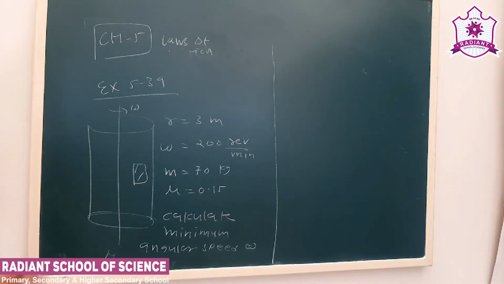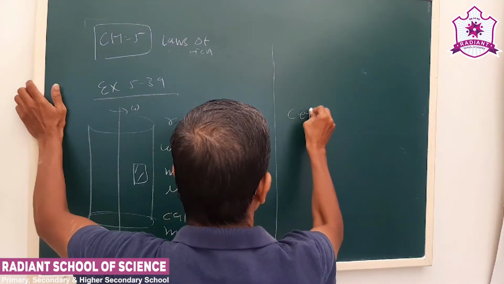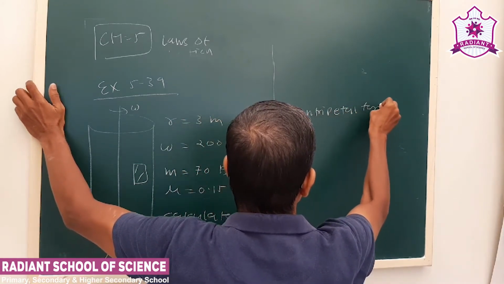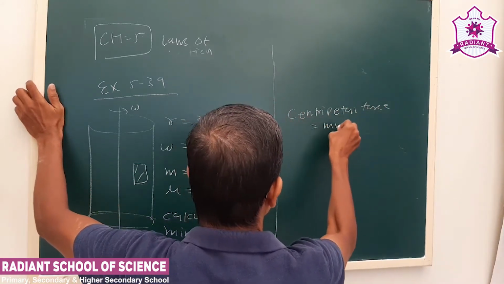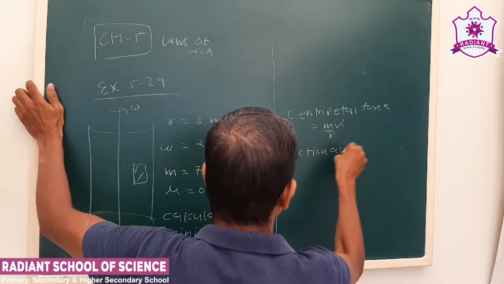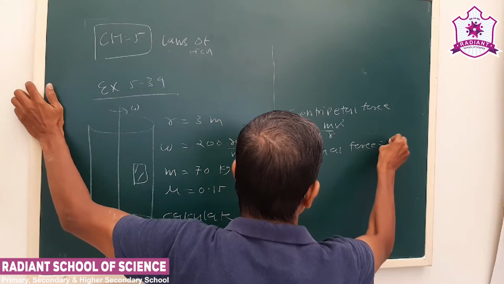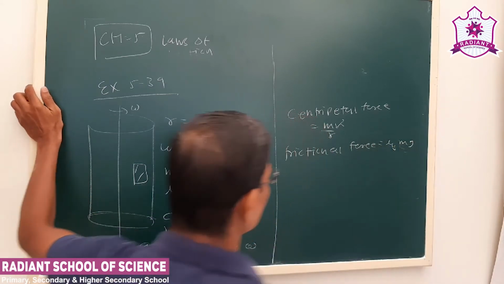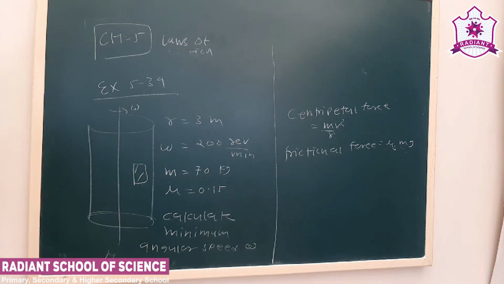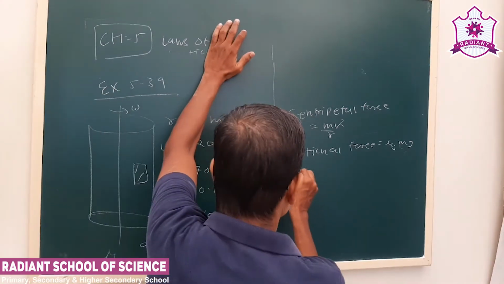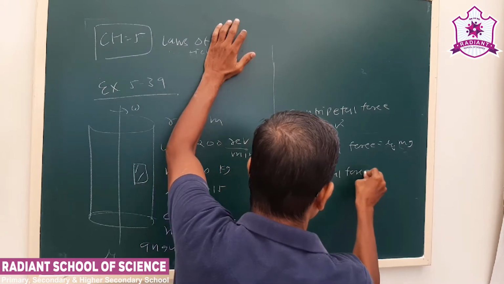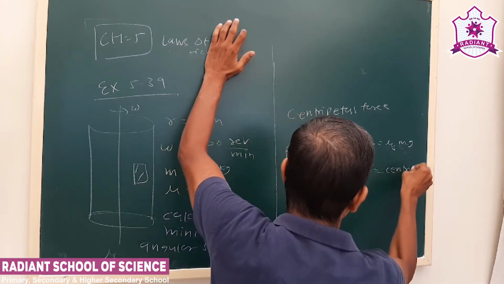Again here also, see, the centripetal force is m v square upon r, and there is the frictional force. The person will remain stuck to the cylinder, and for that the frictional force should be equal to the centripetal force.